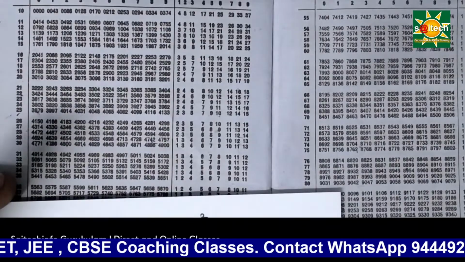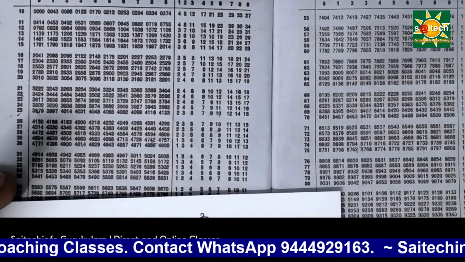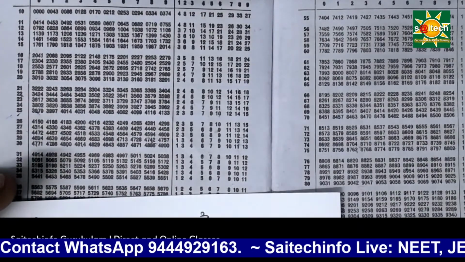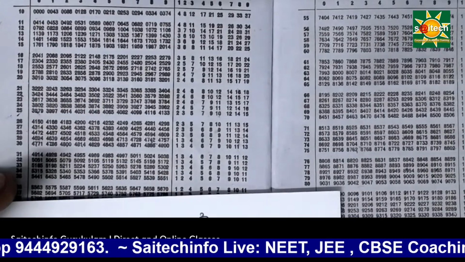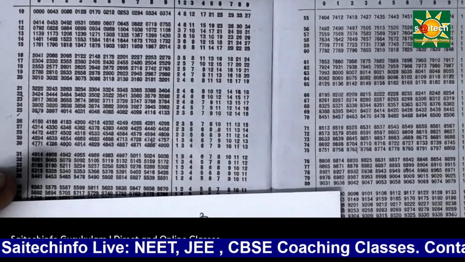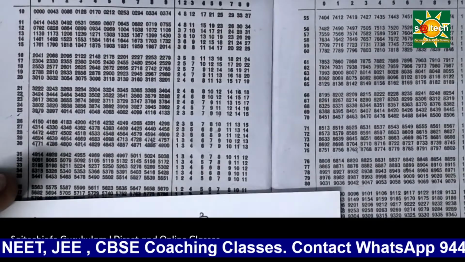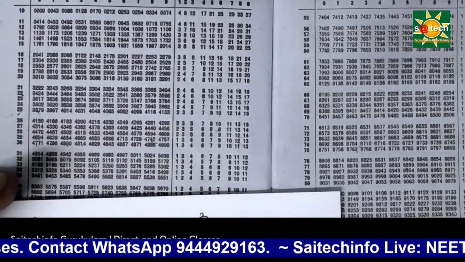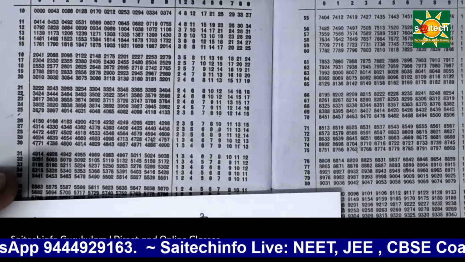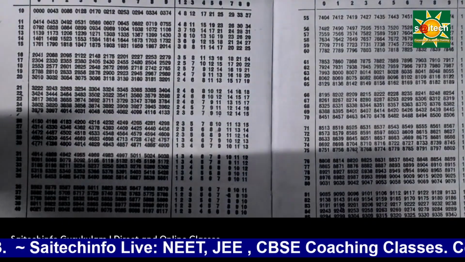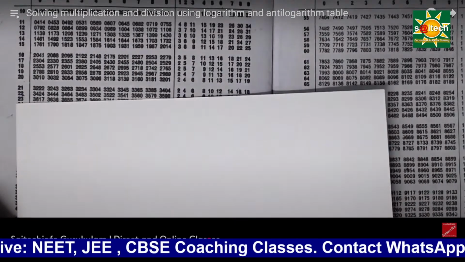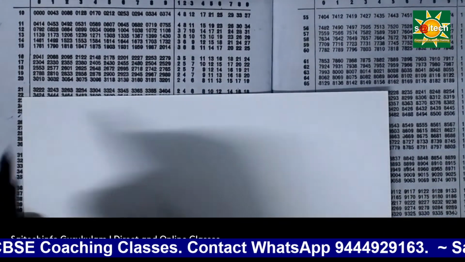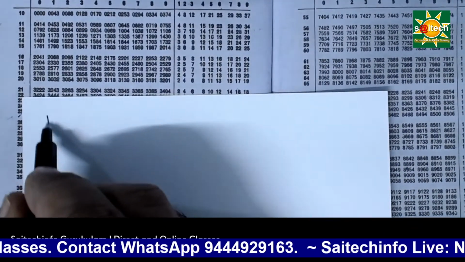So we have found out the log of all these values. Now what you are supposed to do? These two are numerator, and these two are denominator, in the fraction given in the problem. Let us consider there is a rule called product rule in logarithm. What is the product rule?